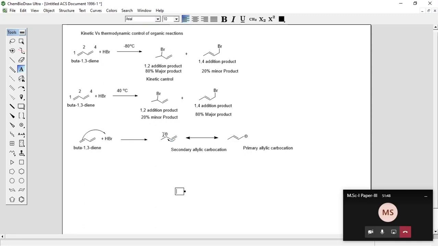And this is your secondary allylic carbocation. Why is it called a secondary allylic carbocation? Because this position is the allylic position and this carbocation is attached to two alkyl groups. That's what is called a secondary allylic carbocation. Let me draw its hybrid structure.